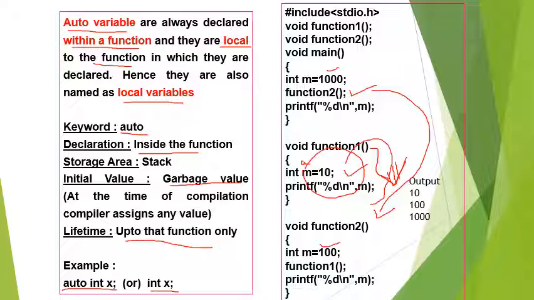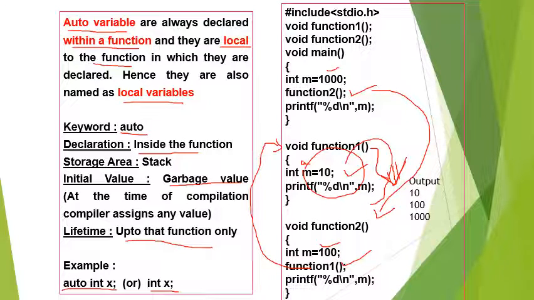So inside this function, the value of m will be 100 only. It replaces its value 1000 with 100. Then it is calling function one of. We can see what is happening inside function one of.